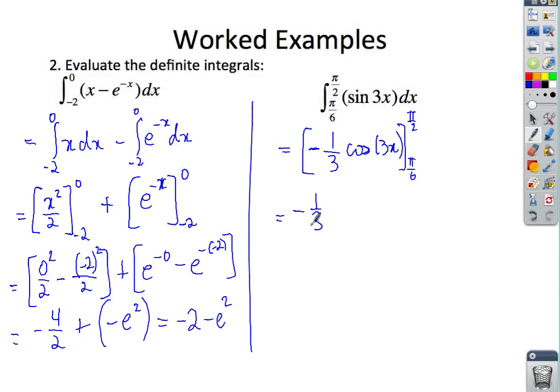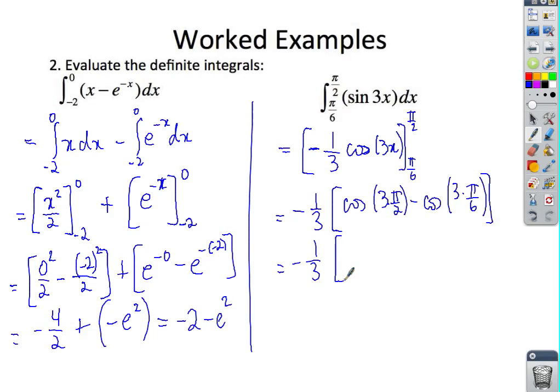So it's worthwhile to factor out the negative 1/3 and then do the substitutions just into the cos part of the function. So cos of 3 times pi over 2 minus cos of 3 times pi over 6. So this now leaves negative 1/3. The value of cos 3 pi over 2, then you have to recall some of your trig.